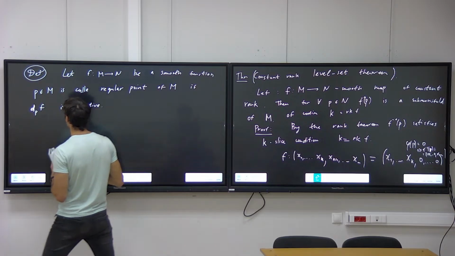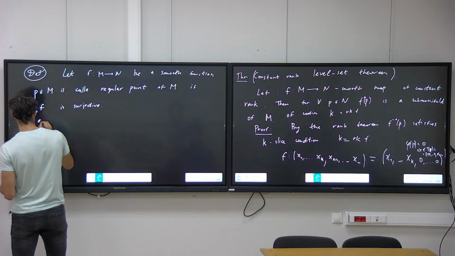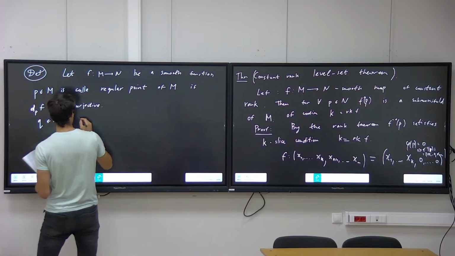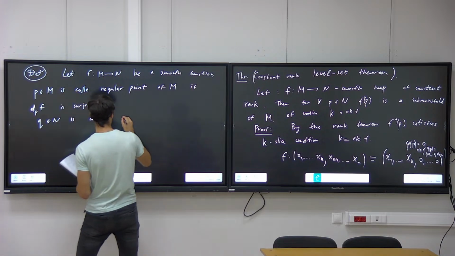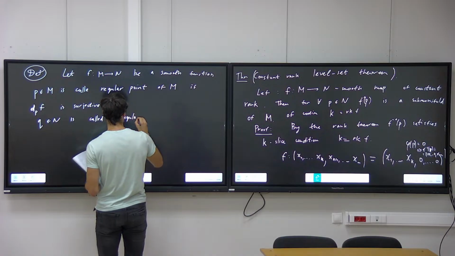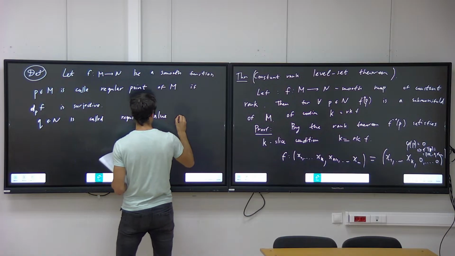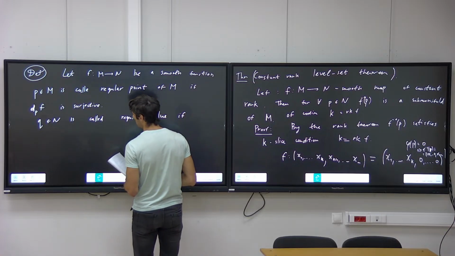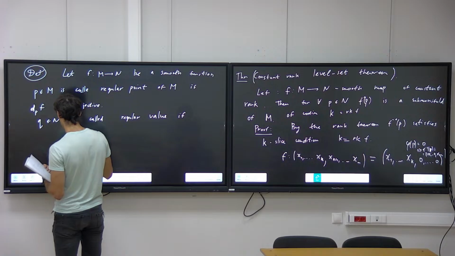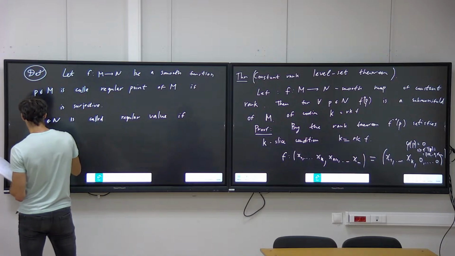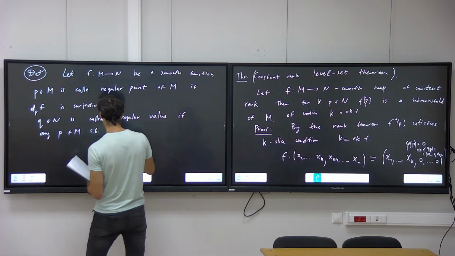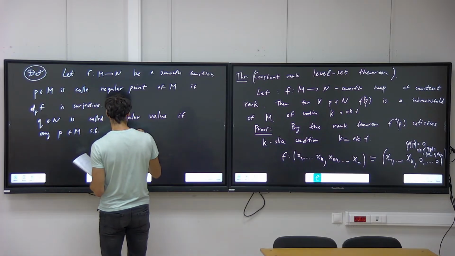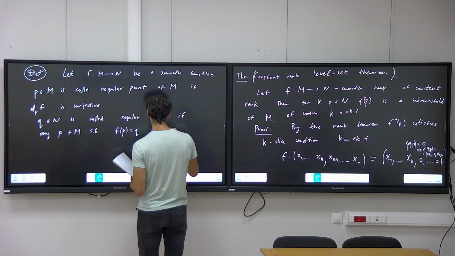And a regular value, some q from N, is called a regular value if any p from M such that f of p is q is a regular point.